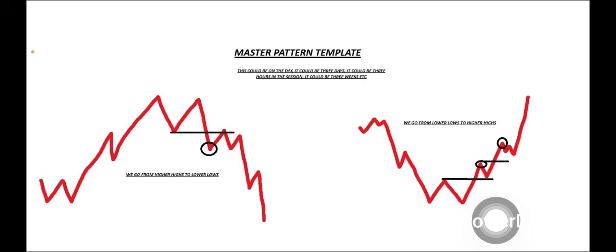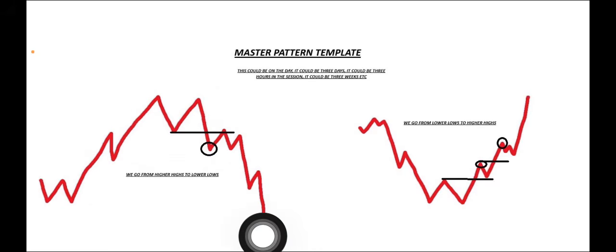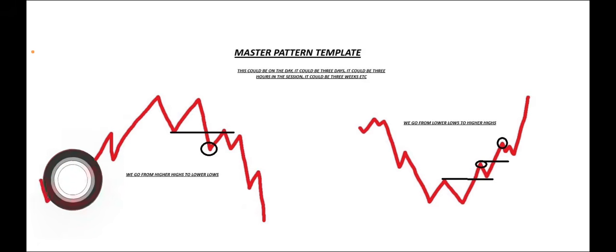All right? Now, there's two powerful things that the master pattern template is going to be used for, all right? The first is being able to identify whether or not you're on the front side or the back side of a move. So when we have a pump and dump template, on the front side, we are making higher highs.